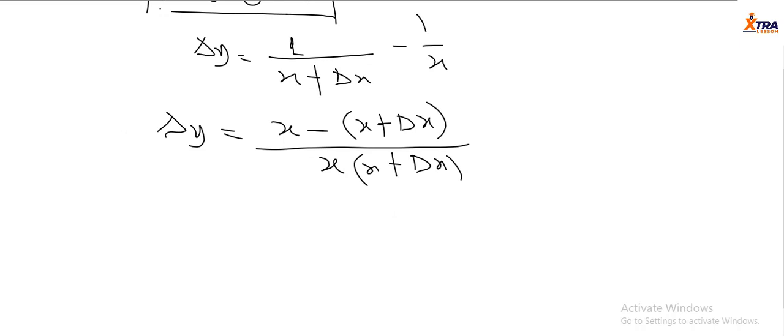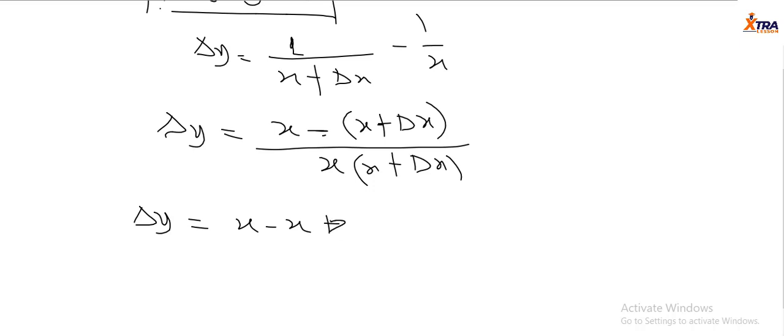So we have delta y equals x minus x, I should expand the bracket, minus x plus, now a minus times plus will be what?